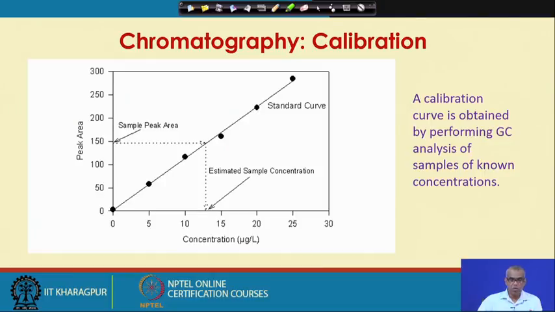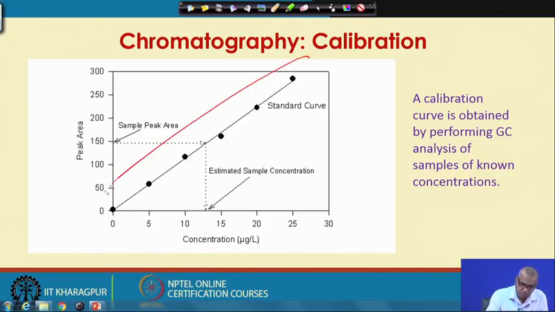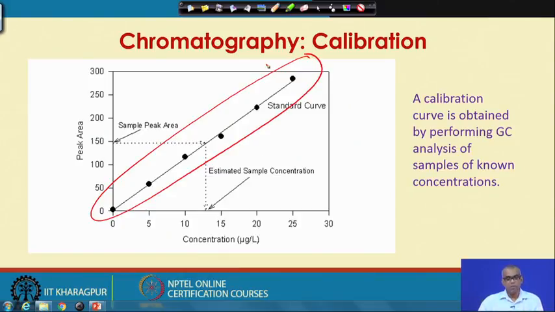For a particular component, the plot of the area under the curve, or peak area, against concentration is the calibration curve. This calibration curve has been obtained by performing experiments with known concentrations, here for a single component.